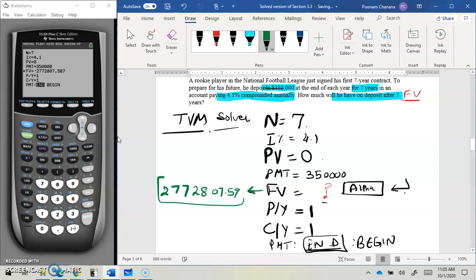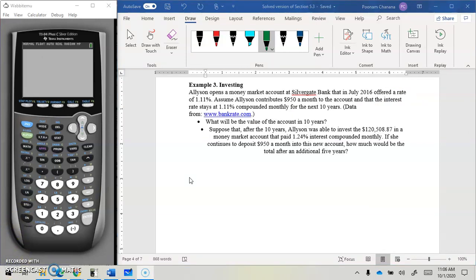So at the end of 7 years, he will have this much money in his account if he keeps paying 350,000 every single year in that account, which is compounding annually at 4.1%. Let's read the next question.